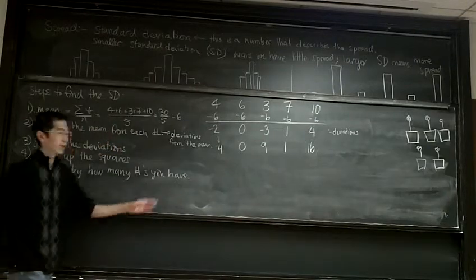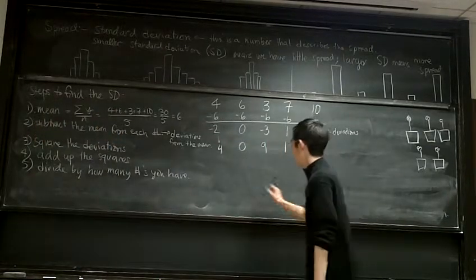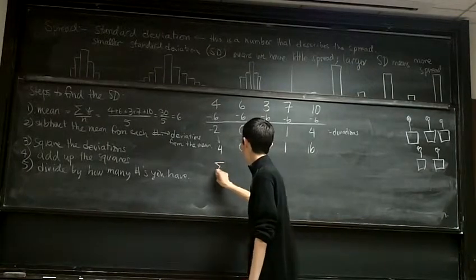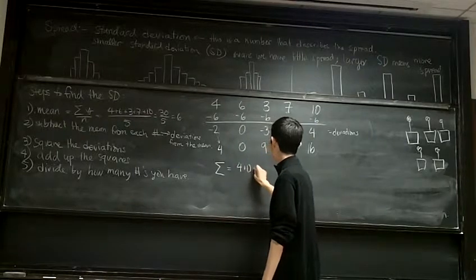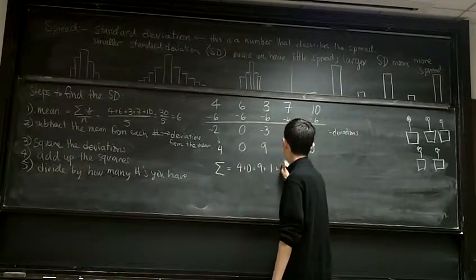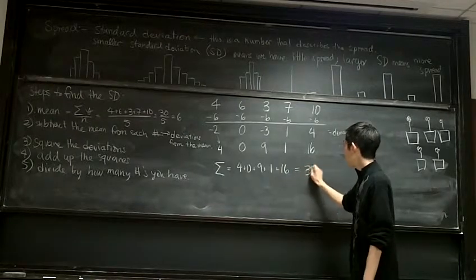Okay, this is basically finding the average of our squares. So in this case, the sum is going to be 4 plus 0 plus 9 plus 1 plus 16. This adds up to 30.